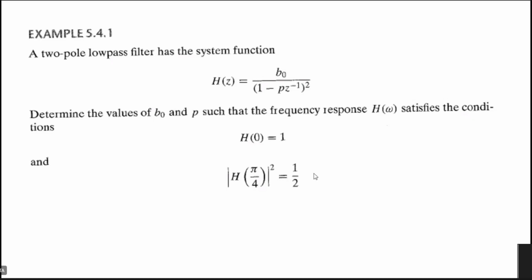Determine the values of B0 and P such that the frequency response H(omega) satisfies the condition H(0) is equal to 1, that means at omega is equal to 0, the gain is 1. At omega is equal to pi by 4, the magnitude square of the gain is half. Okay. So this is the characteristics and how we will solve it.